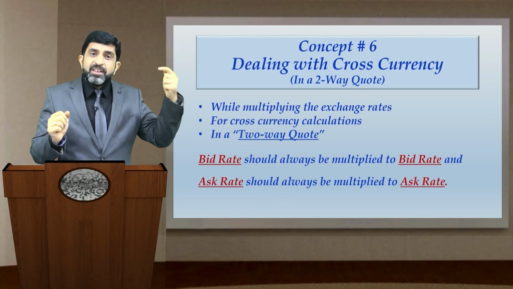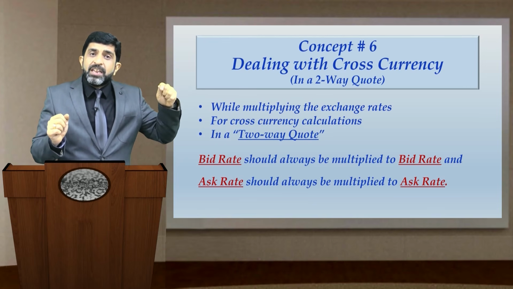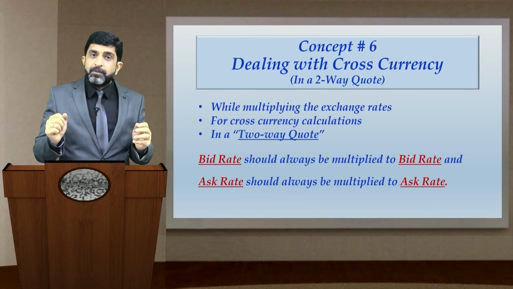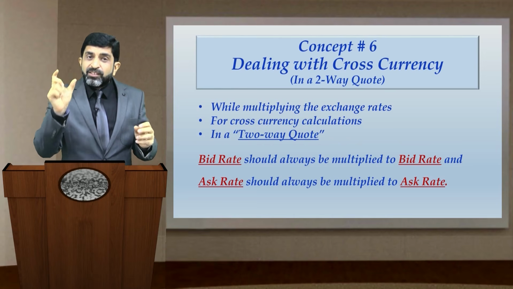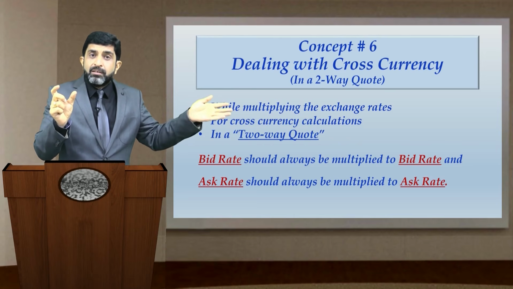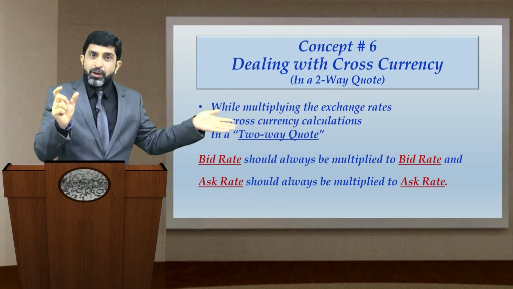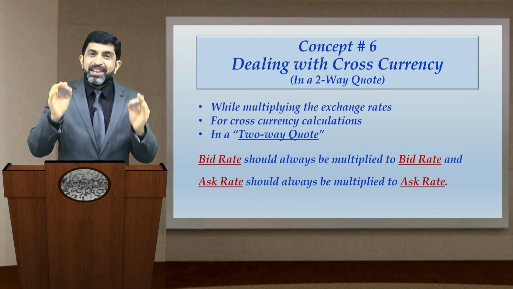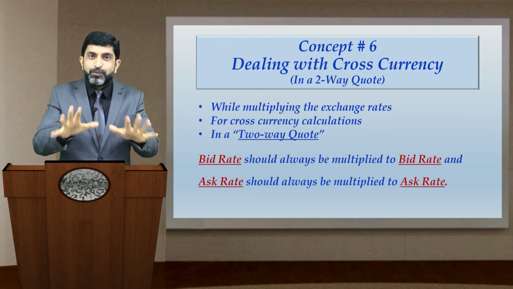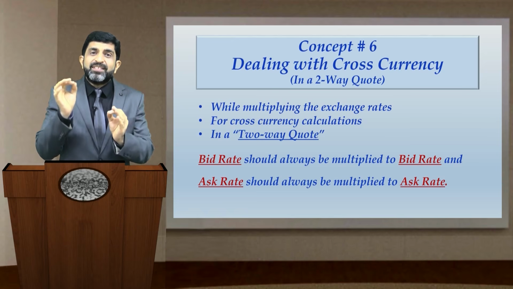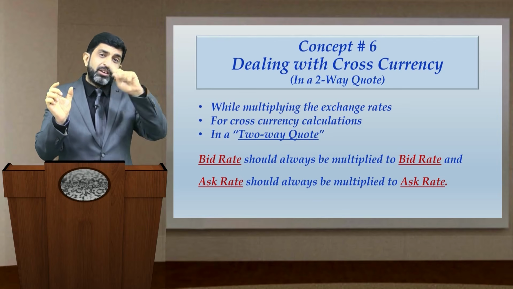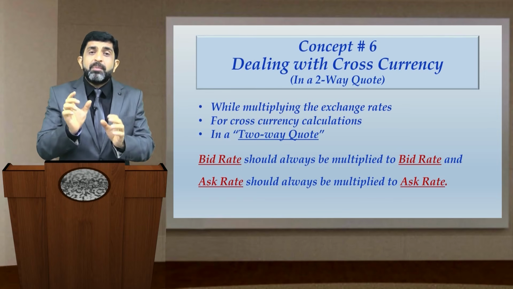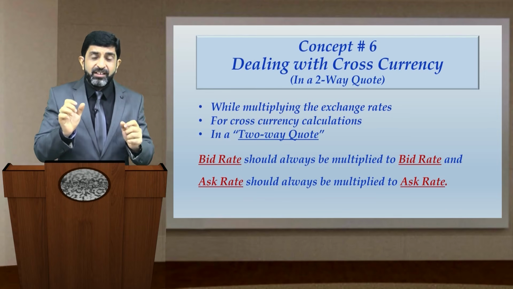Likewise, USD per GBP is 1.35 to 1.45. Now, 68 you will multiply to which one? 1.35 or 1.45? Isn't there a confusion? So, the simplest way to deal with this confusion is you simply multiply a bid rate with another bid rate. Never multiply a bid rate with ask rate.